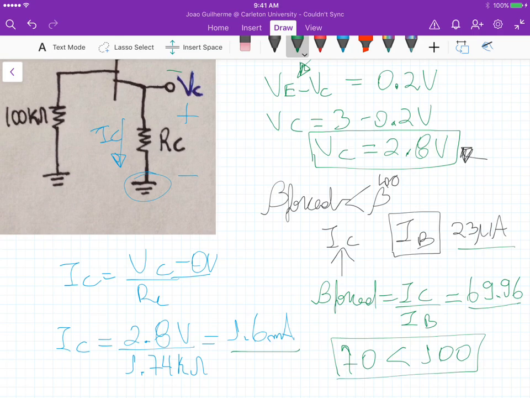So this value here of VC is actually the value of VC when we change the BJT for a BJT with a common emitter current gain of 100, because this condition for saturation mode holds.